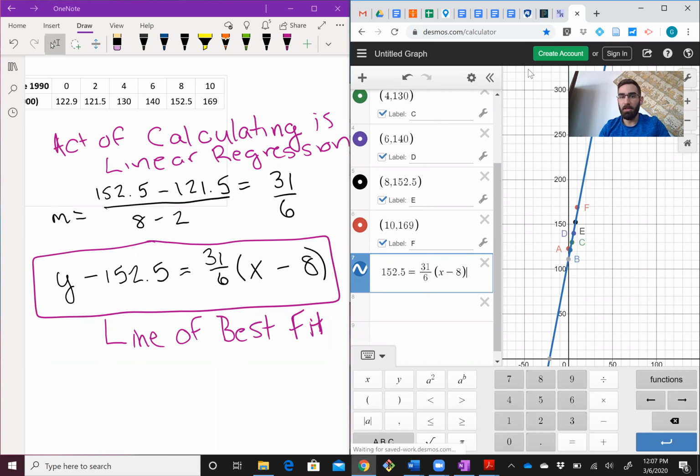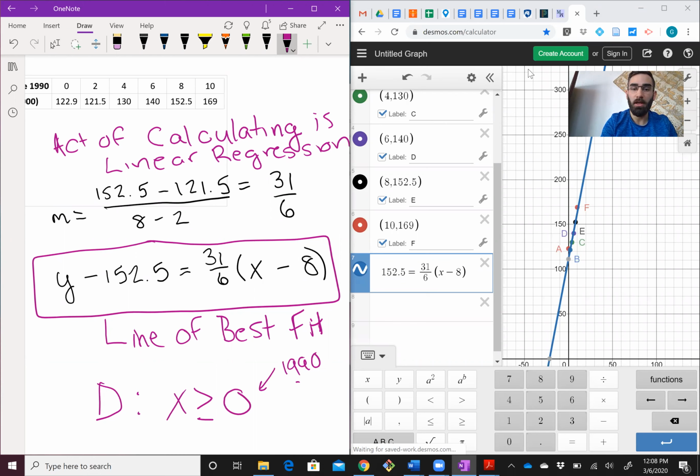Now, for this, our years are starting at 1990, so we're not going to go backwards, which means we want our domain, our possible x values, to be greater than or equal to 0, which means 1990 and beyond.